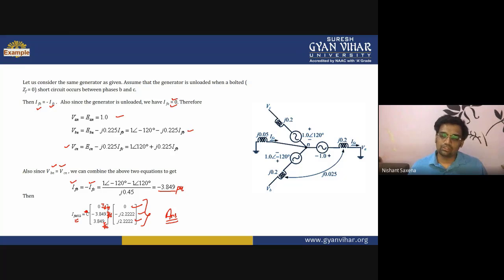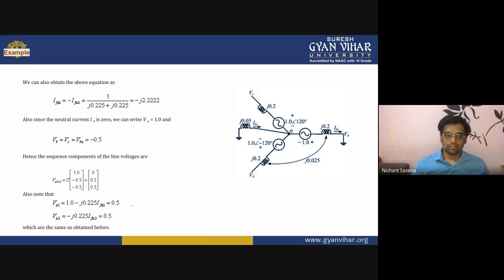And if we draw the sequence network for the LL faults, for line-to-line faults, we will see that the positive and negative sequence circuits are connected in parallel to the ZF, that is the fault impedance in the previous circuit. Now from the previous equation we can also say that IFA1 is equal to minus IFA2. That's obvious.